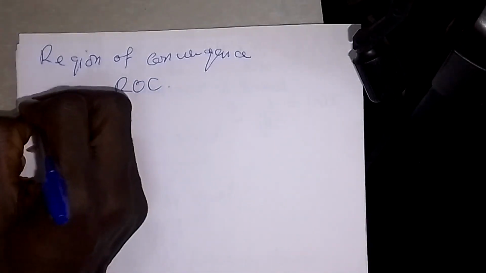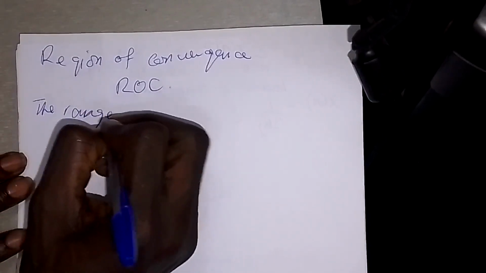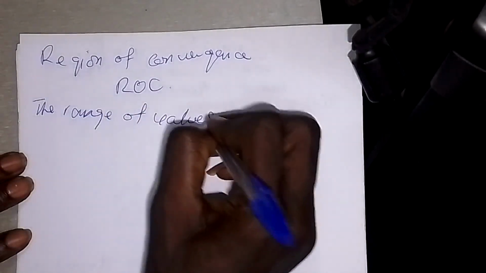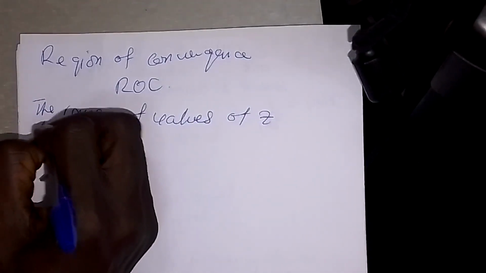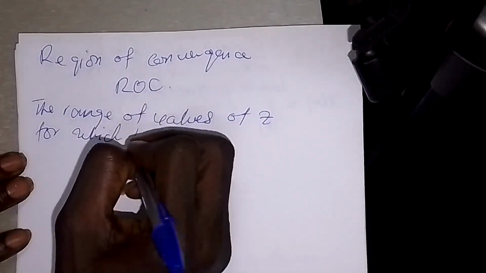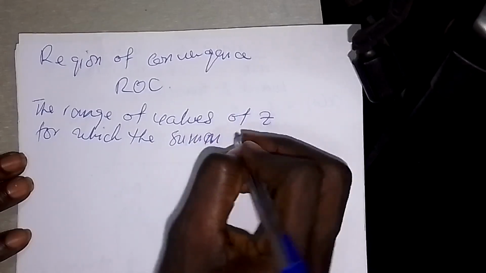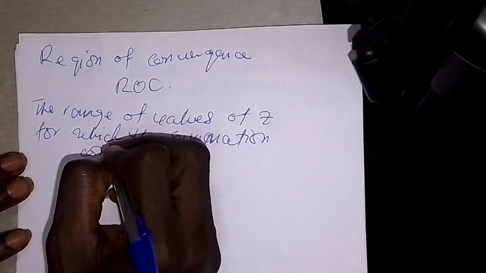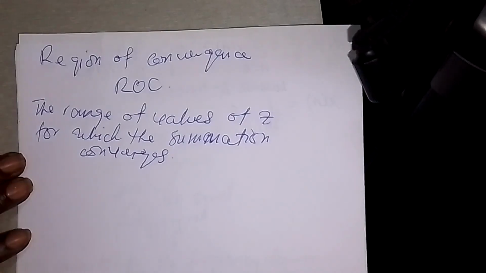Basically it is the range of values of z for which the summation converges.